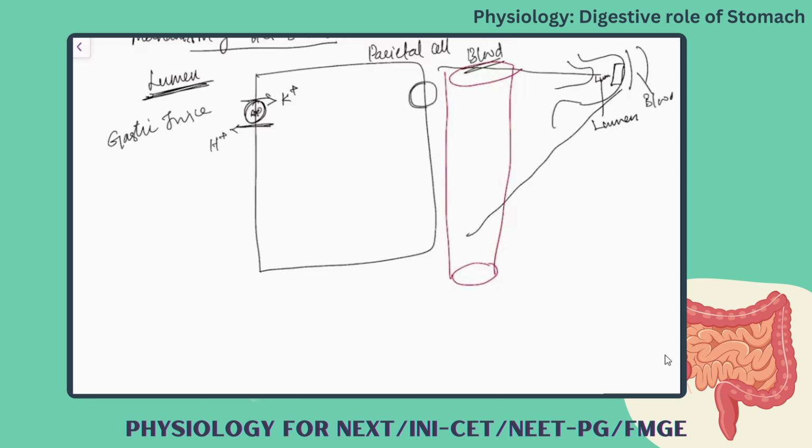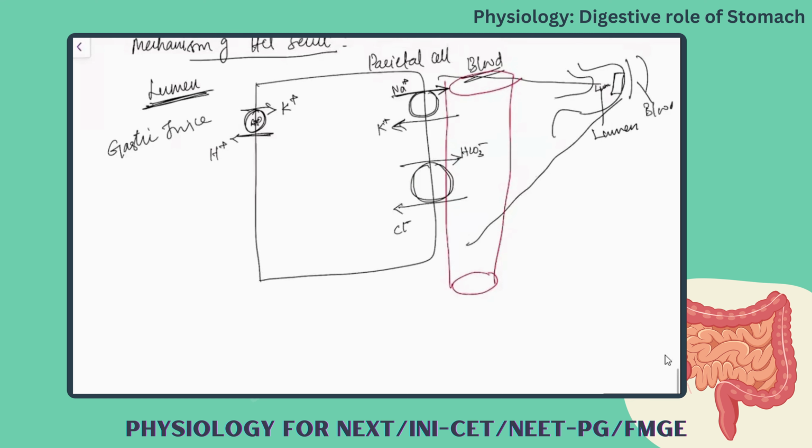Here you have another channel which transports sodium in exchange for potassium, and one more channel which exchanges bicarbonate for chloride ion. These are the membrane transport channels present in all the cells. Whether they get activated or not depends.